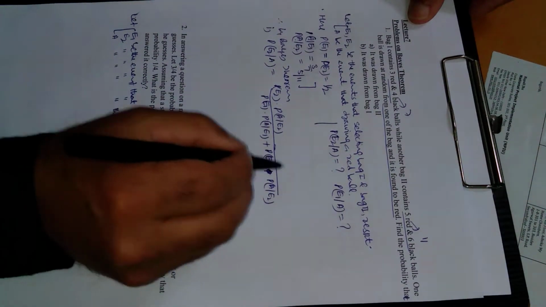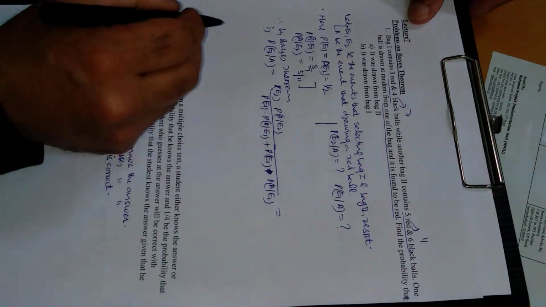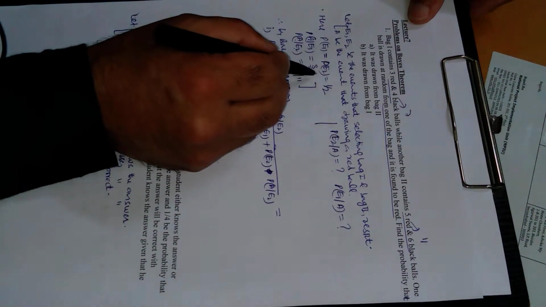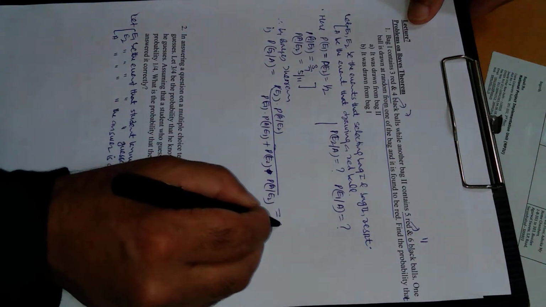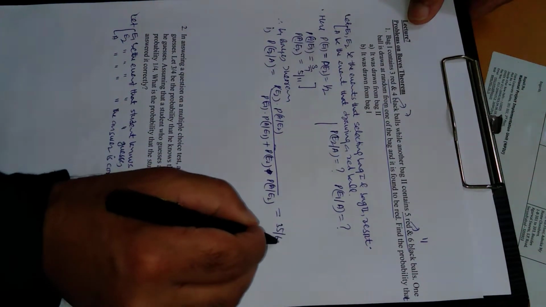This is a product. So clear. Substituting all of these probabilities, which are given or evaluated here, this will come out to be 35 upon 68.